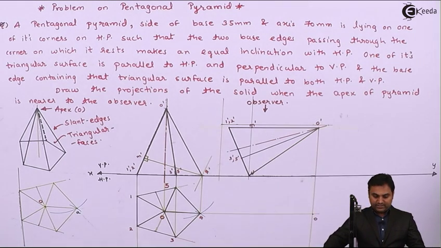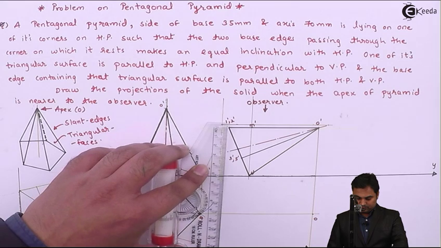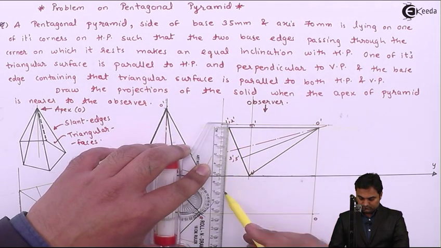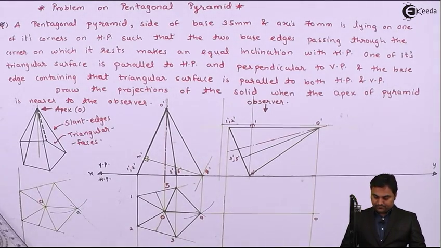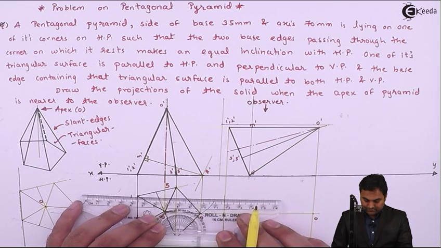Next, 1 dash, 2 dash will be projected with light lines. Point 1 from the top view will be projected here.